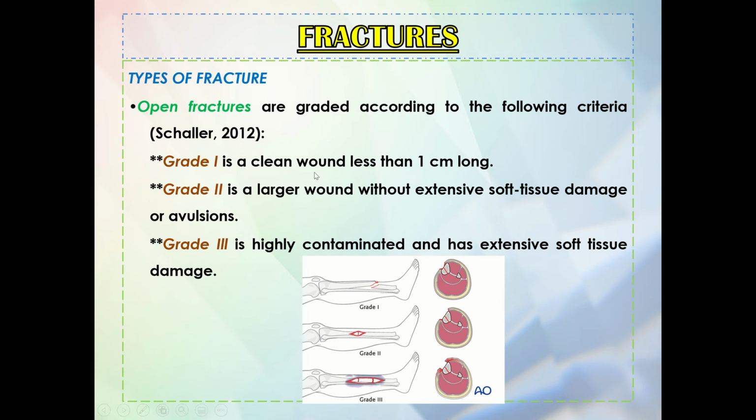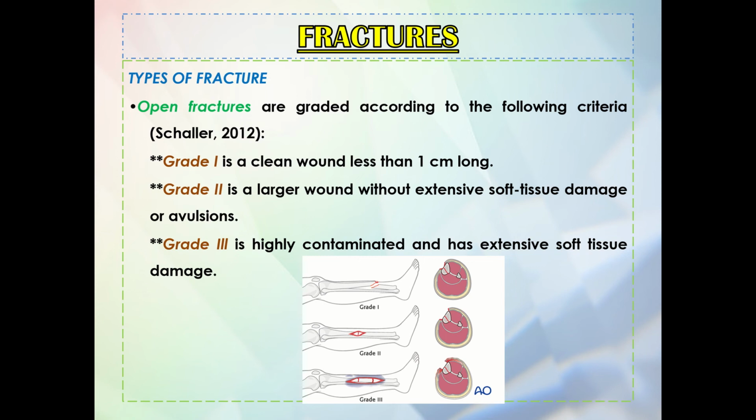So open fracture grade 1, this is a clean wound less than 1 centimeter long. And then grade 2, it is a larger wound without extensive soft tissue damage or avulsion. And then grade 3 is highly contaminated and has extensive soft tissue damage.